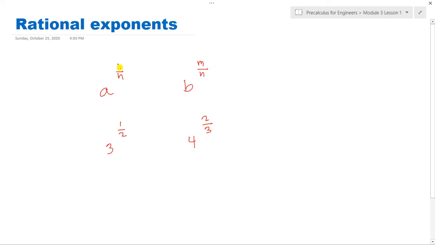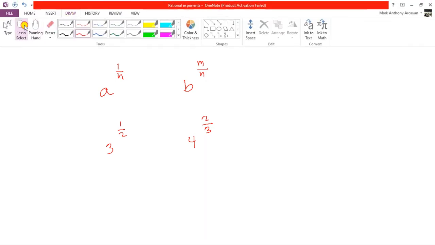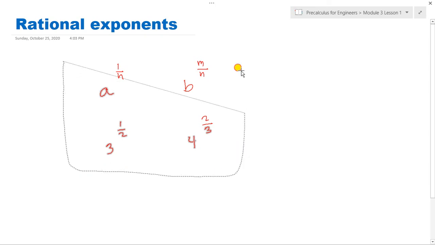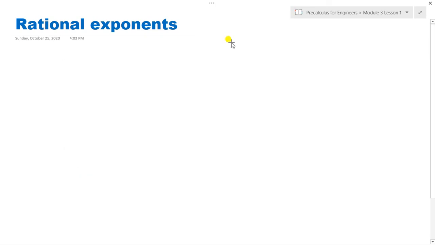Now again class, as what I have told you on the first part of our discussion, the rational exponents and radical expressions are related to each other. Why?